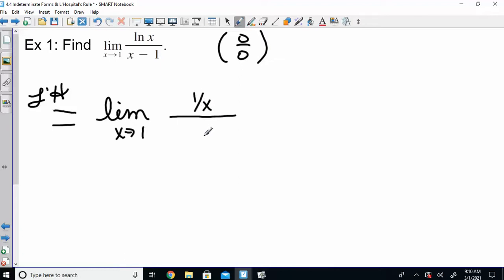What is the derivative of x minus 1? 1. Okay, now, can we plug in? Yeah, if we just put in a 1, we get 1 over 1, or over 1. So my final answer is 1. So this is helping us do limits that we cannot otherwise solve.